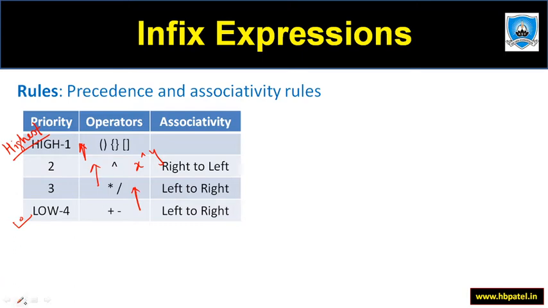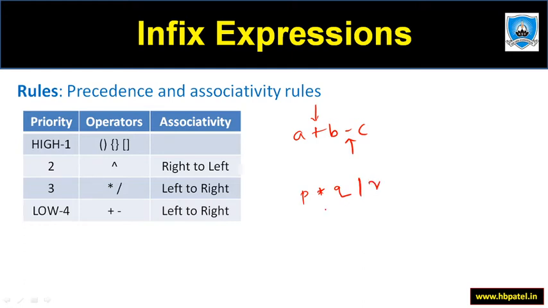And next is, if you have same kind of priority, like if you have something like a plus b minus c, if you have plus and minus, or something like p multiplied by q divided by r, we have multiplication division which are having same priority, in that case we will be going from left to right. That means plus is having priority higher than minus, or multiplication is having priority higher than division.